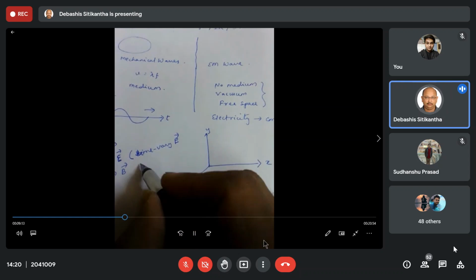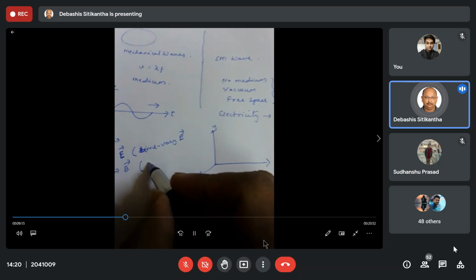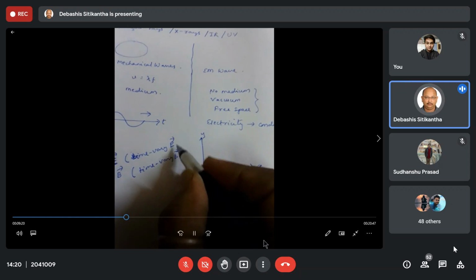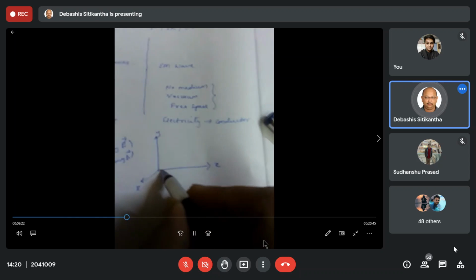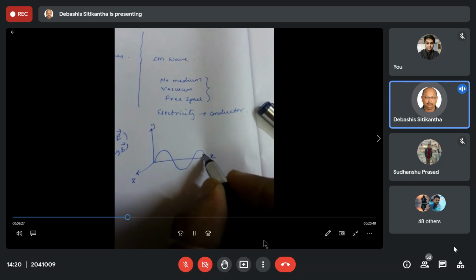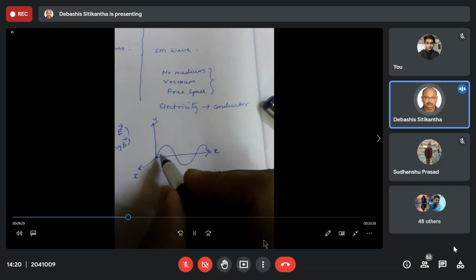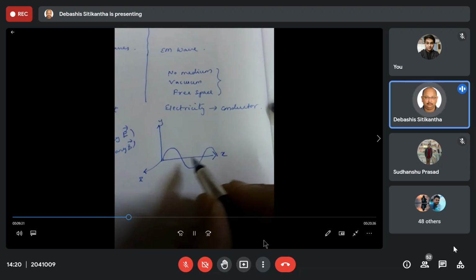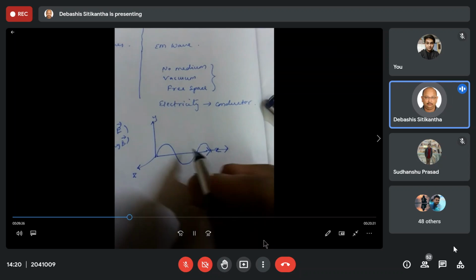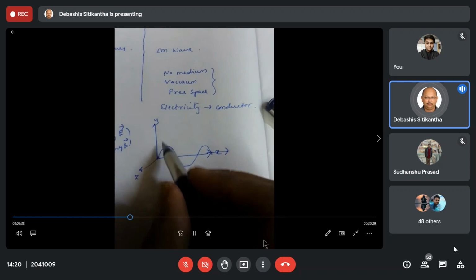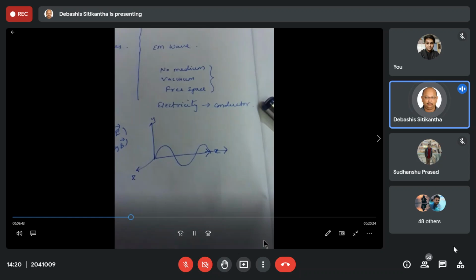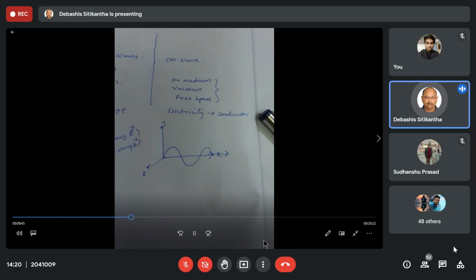Similarly, your magnetic field is also a time varying magnetic field. As you can see, if this one is your electric field wave, this electric field is traveling in the direction of x, because x is the direction of propagation, and its magnitude is varying in the direction of y. So let us say this is your electromagnetic wave. This is your electric field.